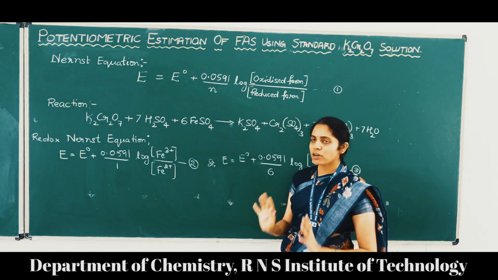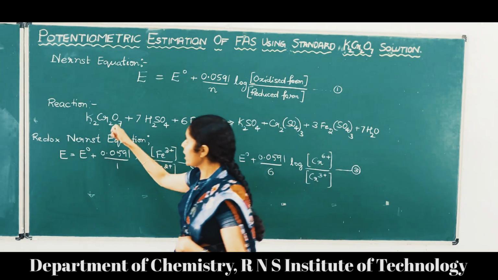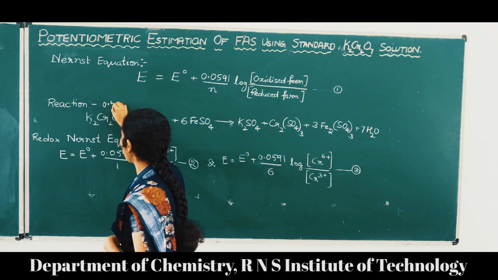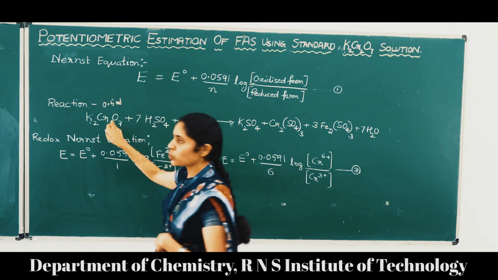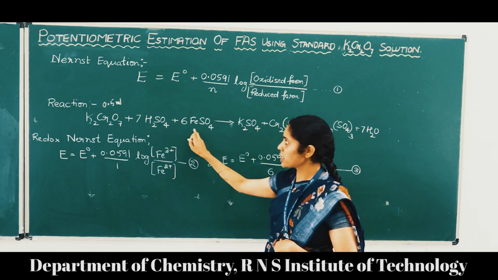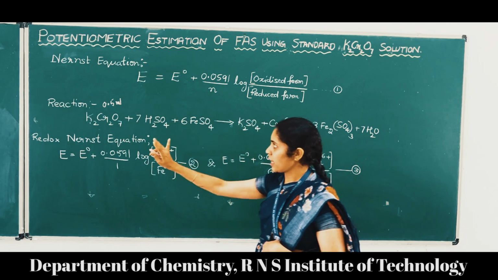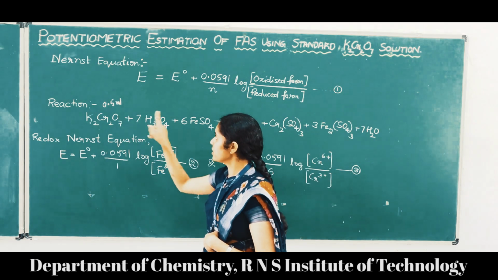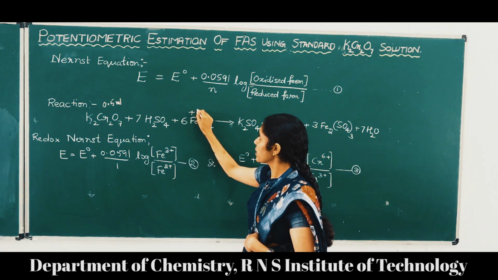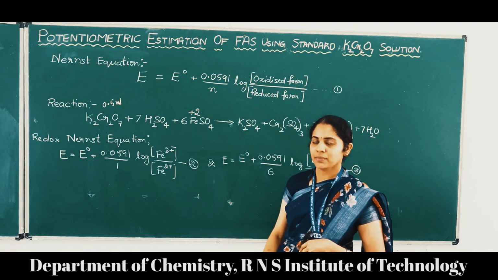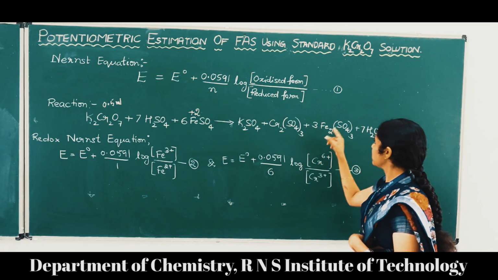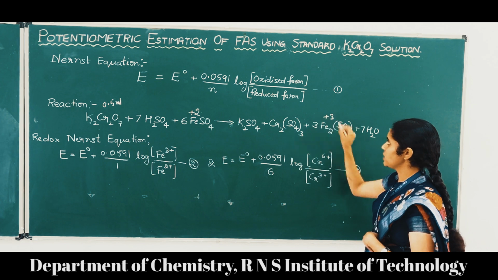Now when you perform this experiment, you are adding 0.5 ml of K2Cr2O7 to the beaker solution which contains FAS. At that time the reaction that happens is that the ferrous, which is in +2 oxidation state, will get converted into +3 oxidation state.